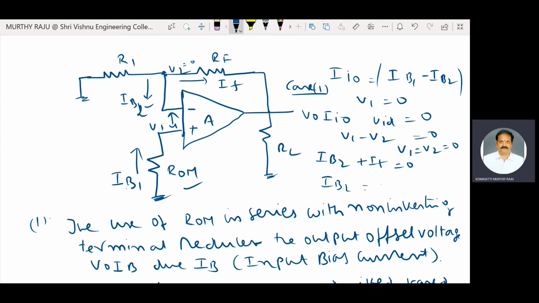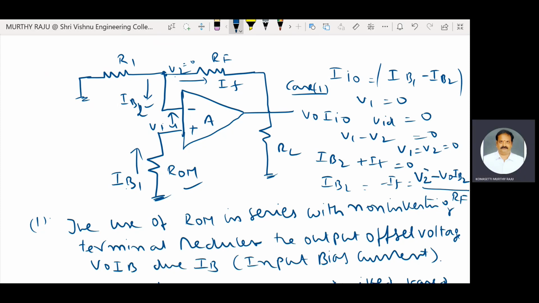IB2 is equal to minus IF. IF is equal to V2 minus V0 by RF.